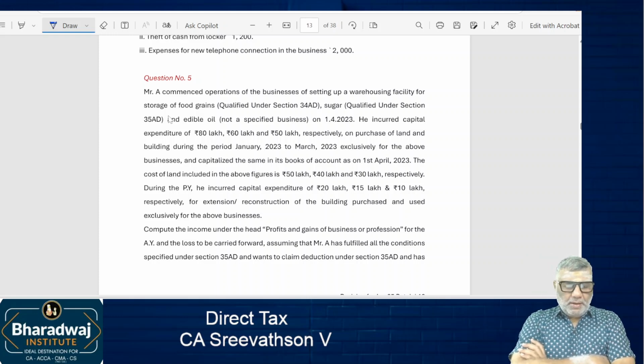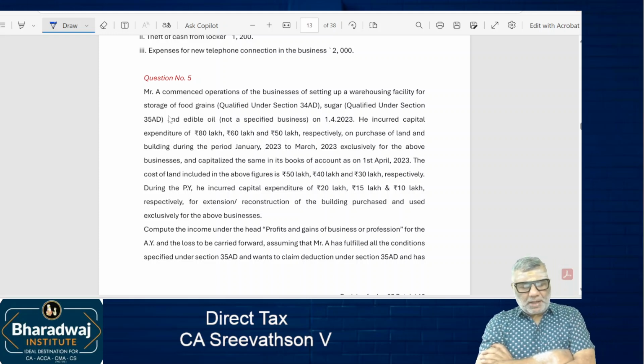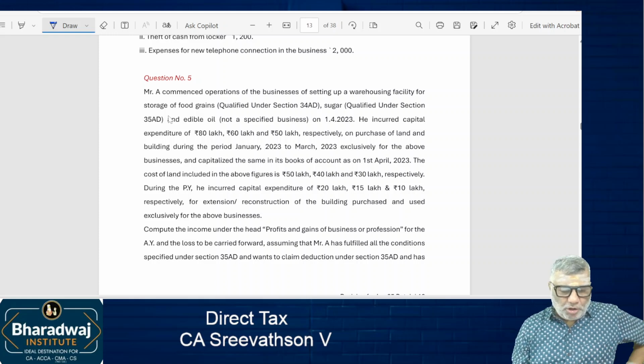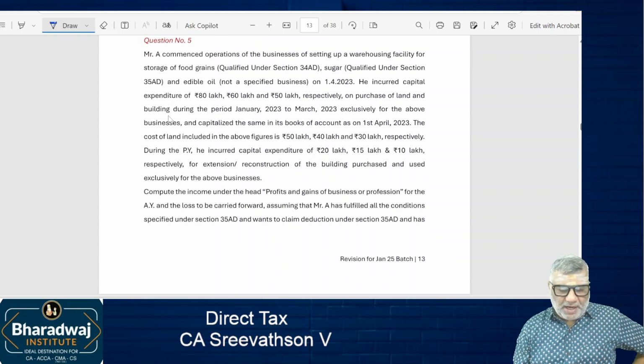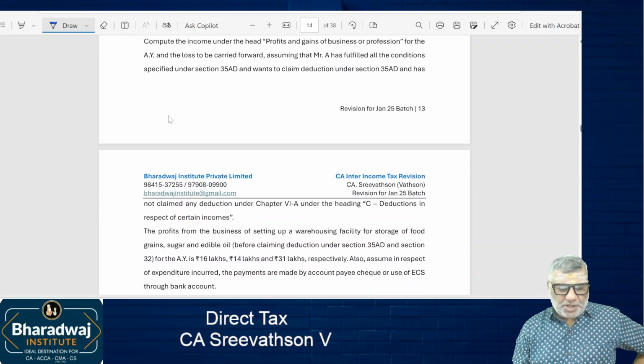During this year, he incurred capital expenditure of 20, 15 and 10 for extension or reconstruction of the building purchased and used exclusively for the above business. Compute the income under PGBP for the assessment year and the loss to be carried forward, assuming A has fulfilled all the conditions specified under 35AD and wants to claim it and has not claimed any other deductions.